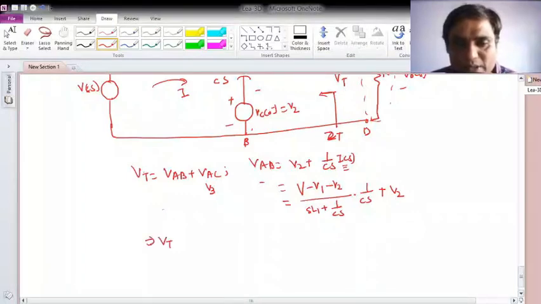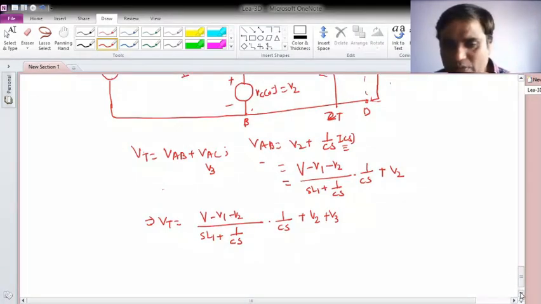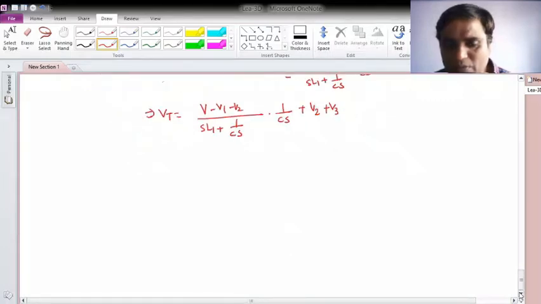So total VT will be V minus V1 minus V2 divided by SL1 plus 1 over CS, into 1 over CS, plus V2 plus V3. And here V1, V2, V3, we know all these are your initial conditions.